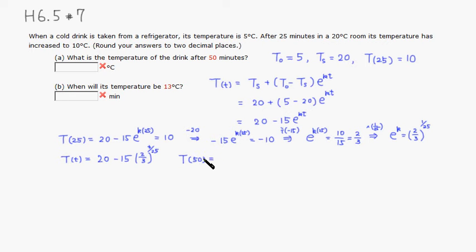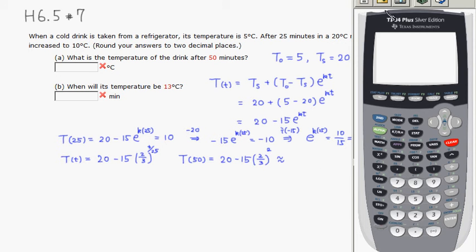So this is going to be equal to 20 minus 15, then you have 2/3 raised to the 50 over 25, so that's actually 2. So I'm going to put 2 there. Let's compute this value.